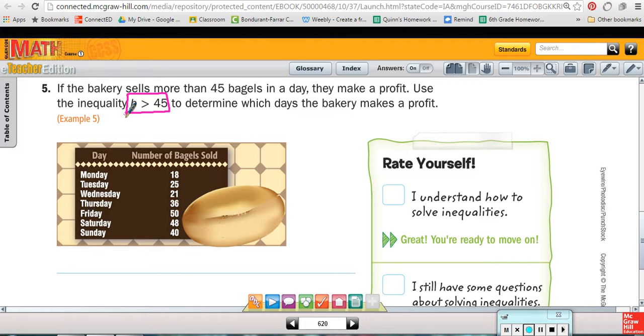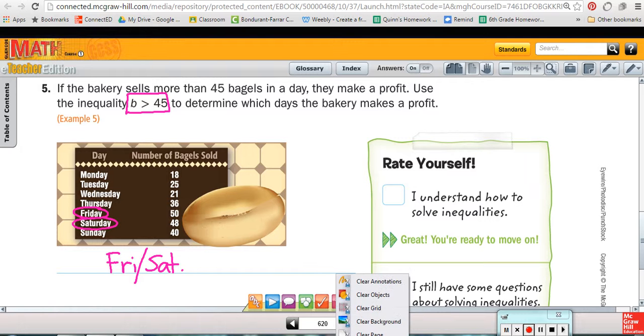Okay, which ones have a number greater than 45? Give me one, Trevor. Friday. Give me another. Peyton? Saturday. So the only two days that they're going to make a profit like that are Friday and Saturday. Does that make sense?